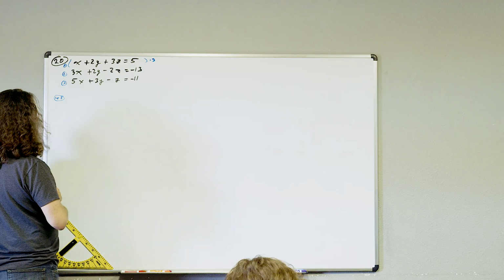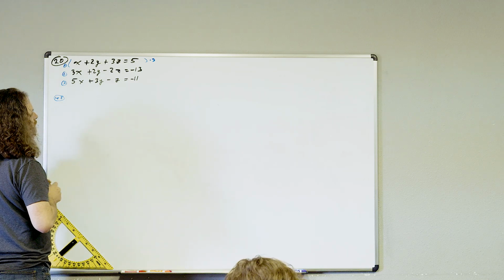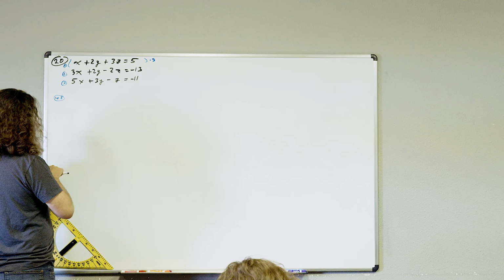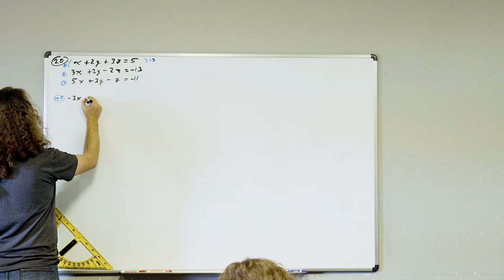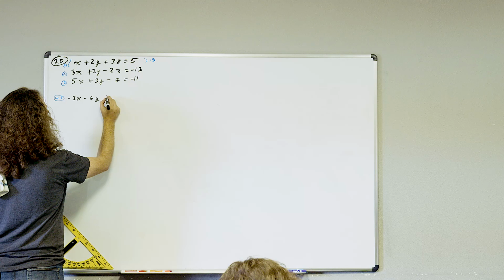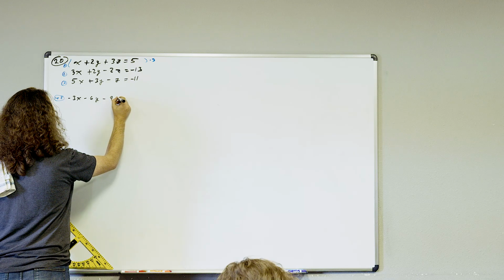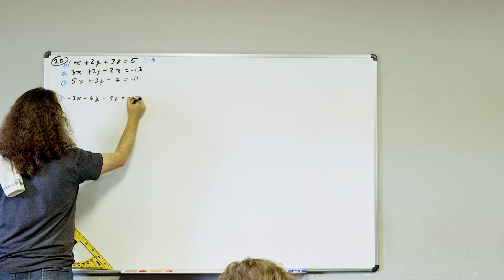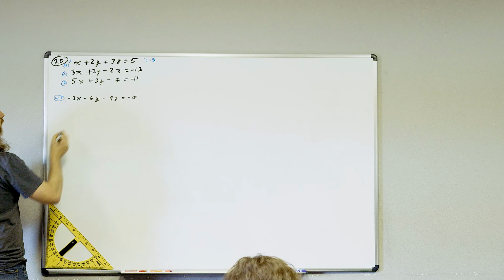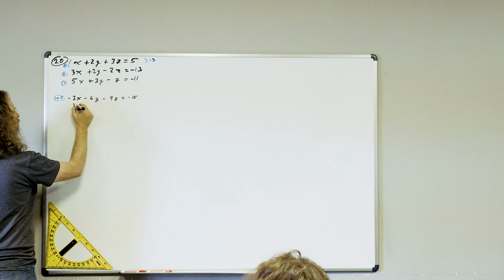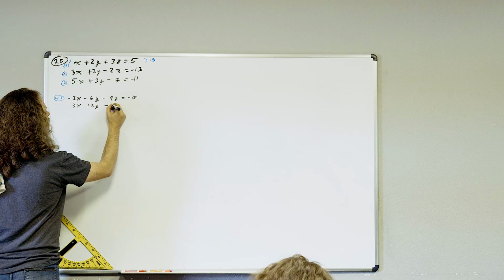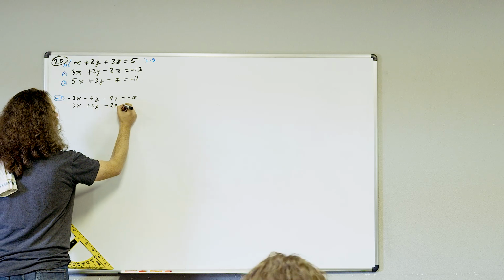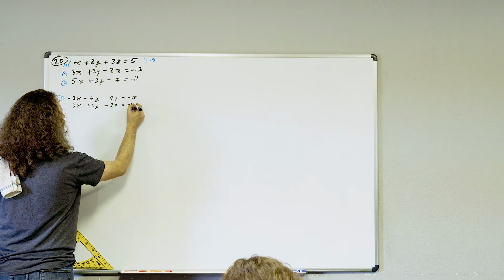Multiply the top one by -3. So we'd have -3x minus 6y minus 9z equals -15. And then we'll just rewrite number 2: 3x plus 2y minus 2z equals -13.